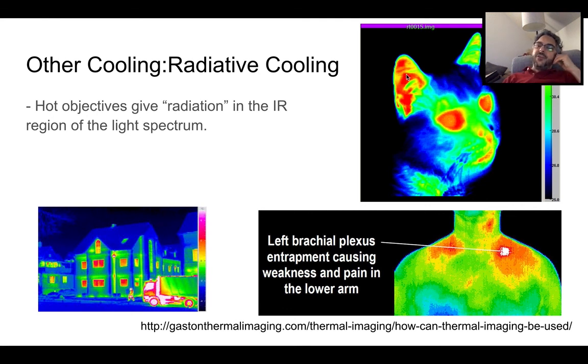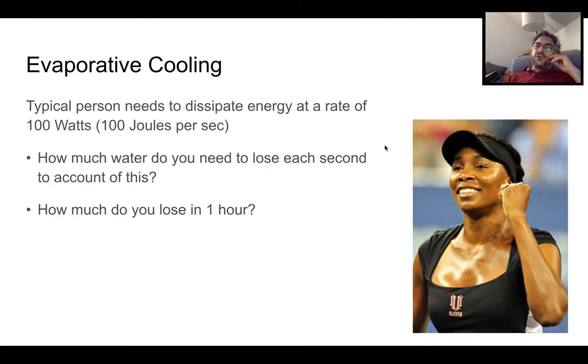In the cat, you see that the cat's eyes are pretty warm, so the fur is actually keeping it warm, which counterintuitively means that the outside of the fur is actually cool.